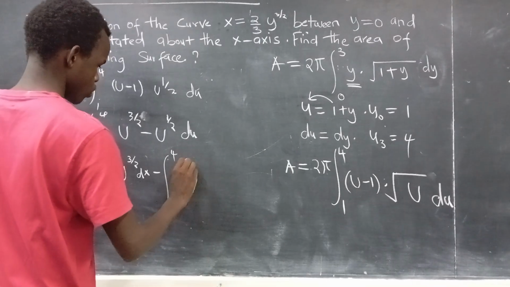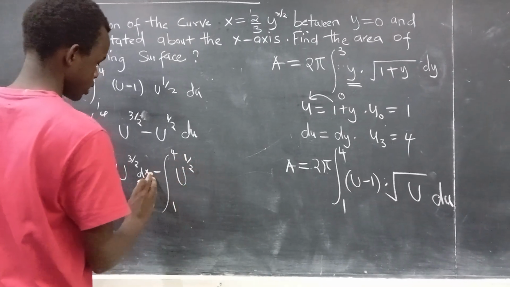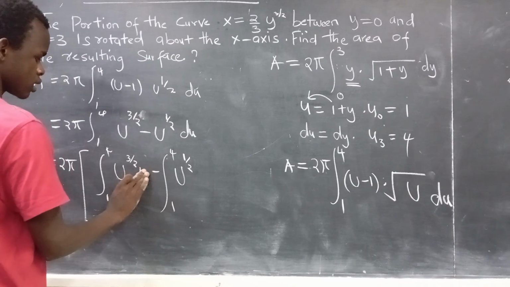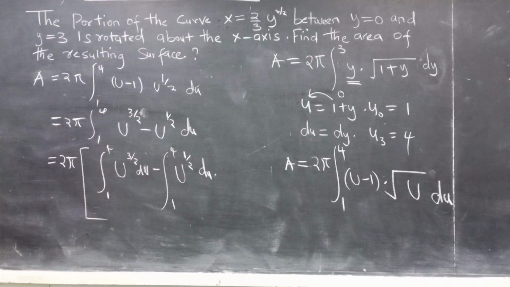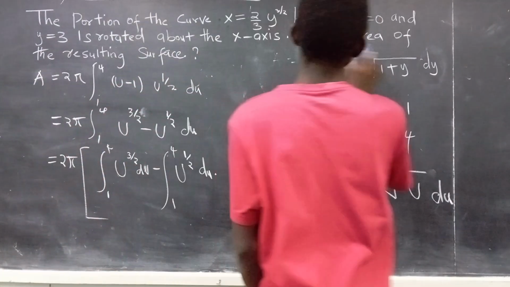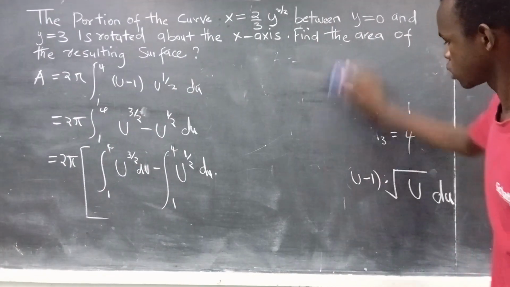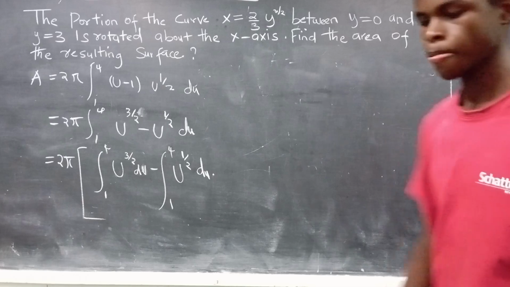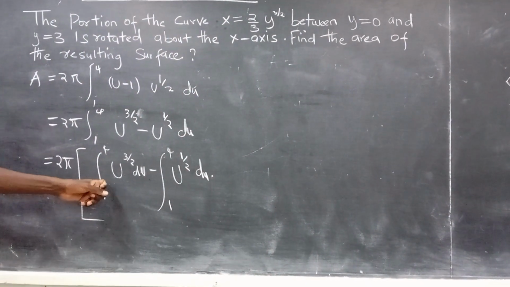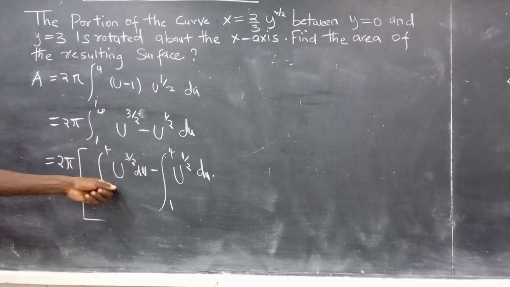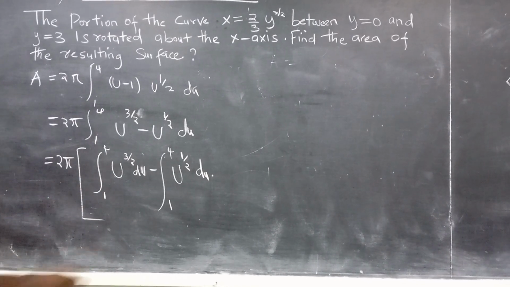Of u to the half du, sorry, it's not dx, just du. So I'll perform that. Let's find the value for this.